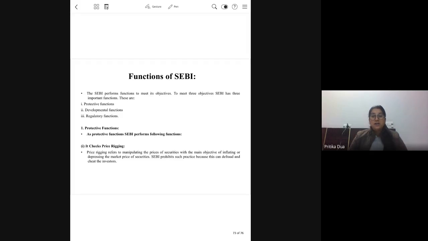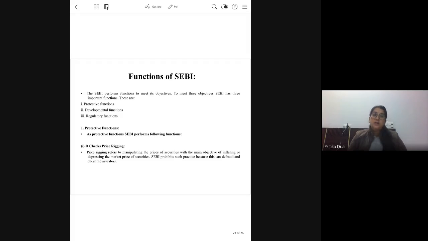It happened way back in 2007, and now SEBI has taken action against Reliance Industries and two other entities and has charged a hefty fine on them. Price rigging is artificial manipulation of the prices of securities.